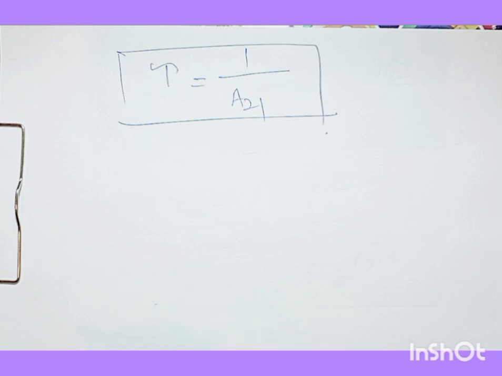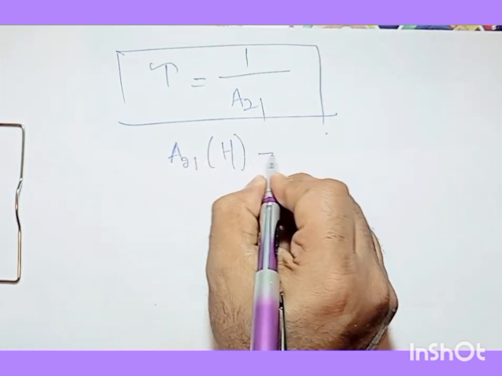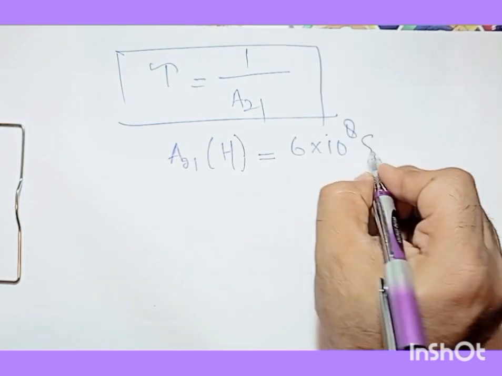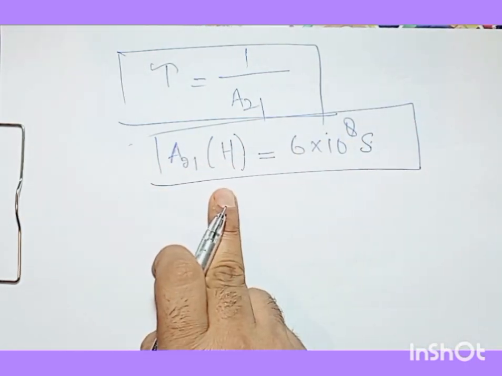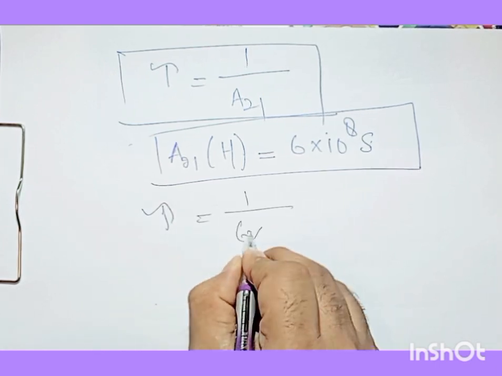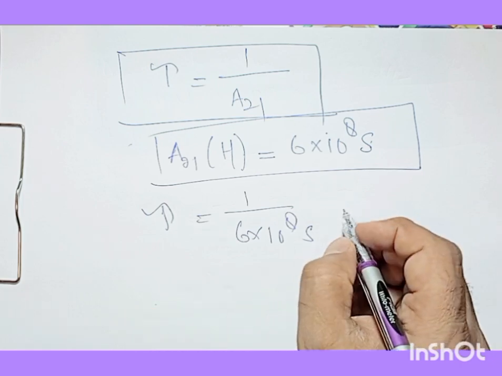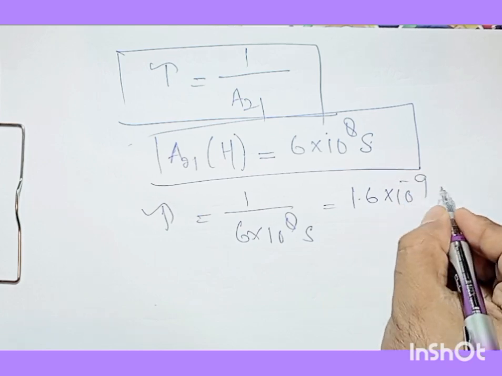Subjecting our problem to the hydrogen atom, we can calculate A21, which comes out to be 6 times 10 to the power of 8 per second. So using this value of A21 in the above equation, tau is 1 by 6 times 10 to the power of 8 per second, which comes out to be 1.6 times 10 to the power of minus 9 seconds.